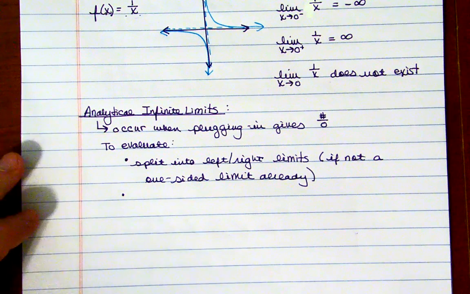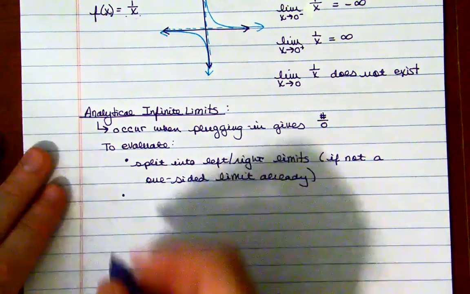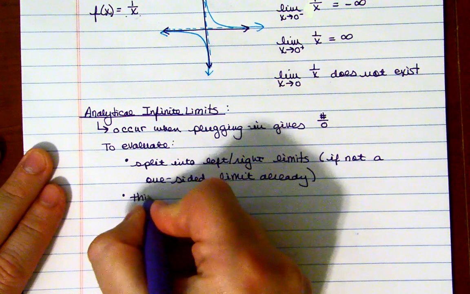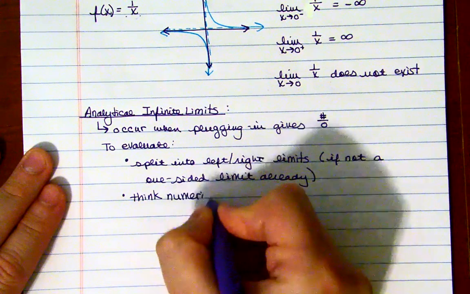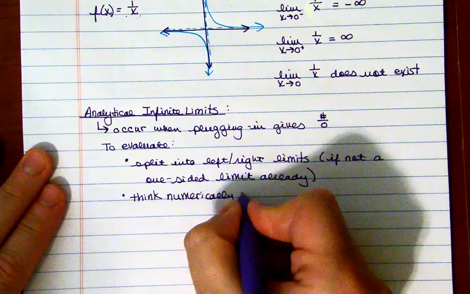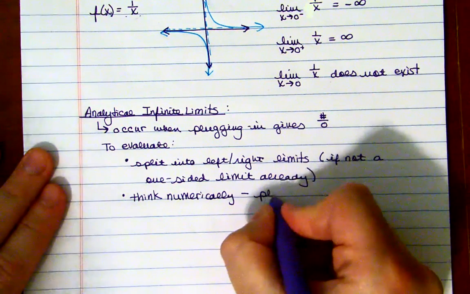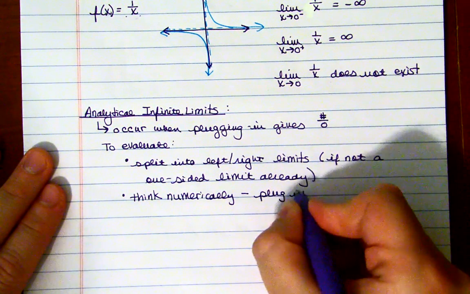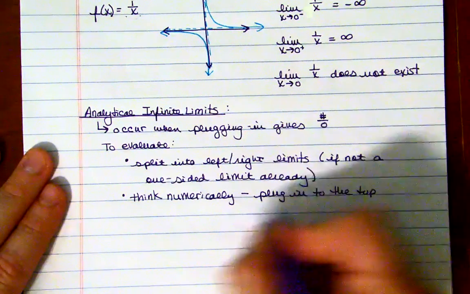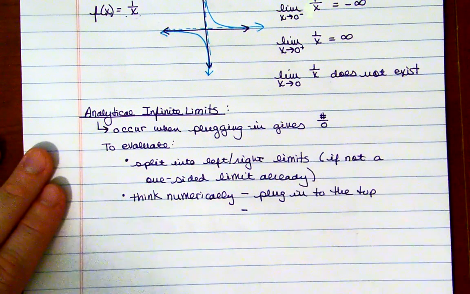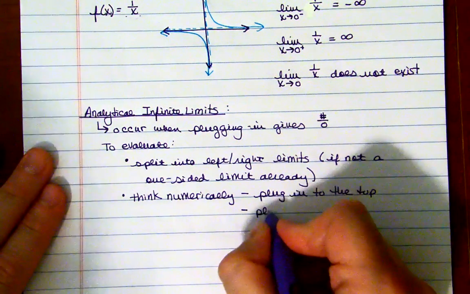Then what I'm going to do is think about this thing numerically. What I mean by that is I'm going to plug in normally to the top, and I'm going to plug in something close to the bottom.